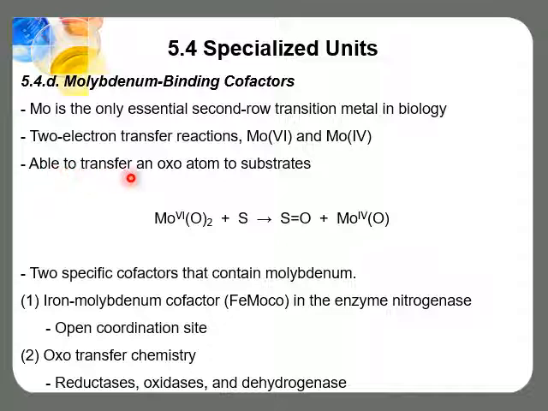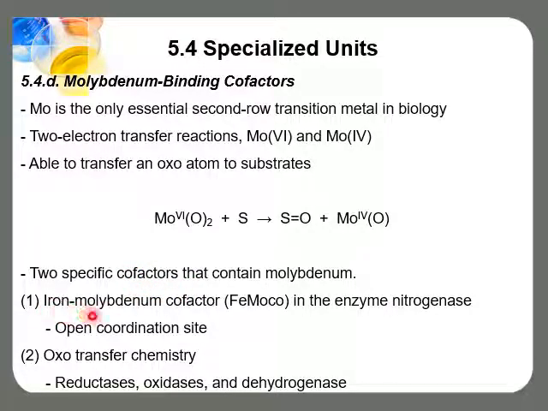So the electron transfer between molybdenum 4+ and 6+ is involved in the oxidation of sulfur. In fact, this molybdenum is found as a cofactor.